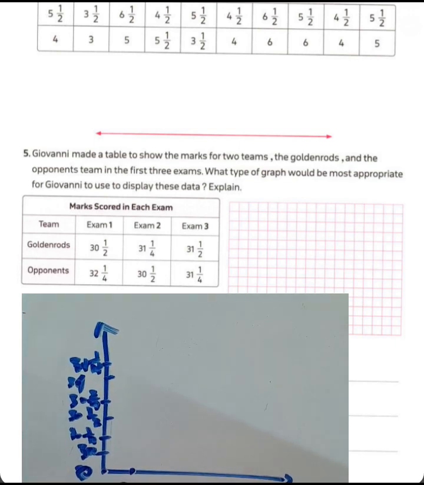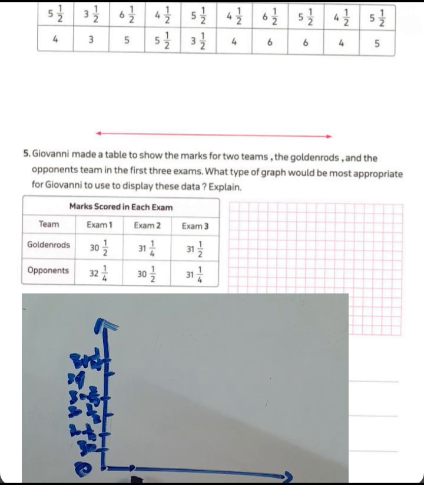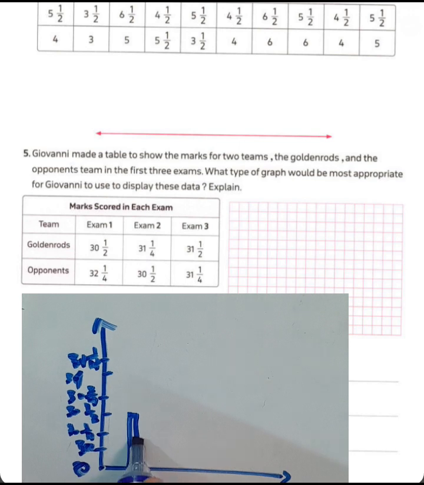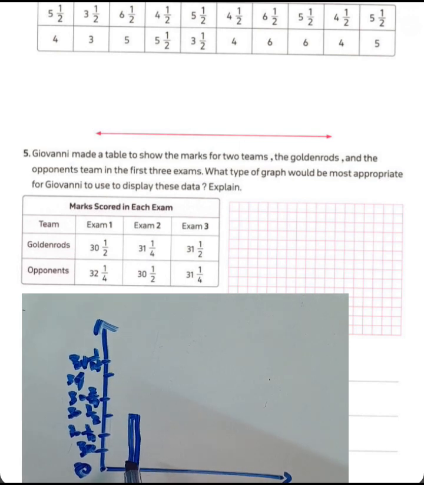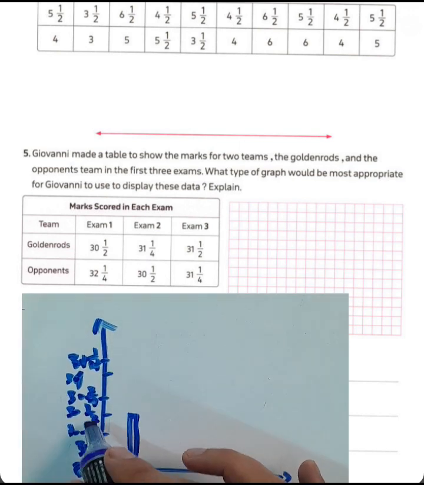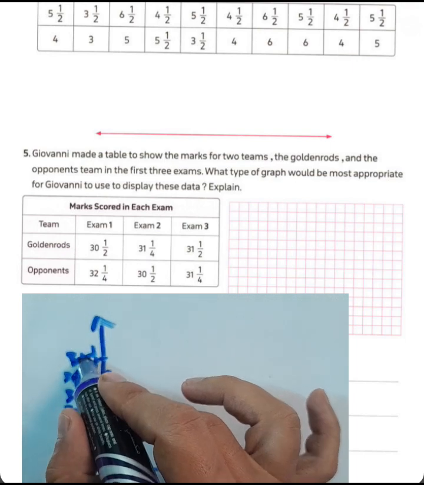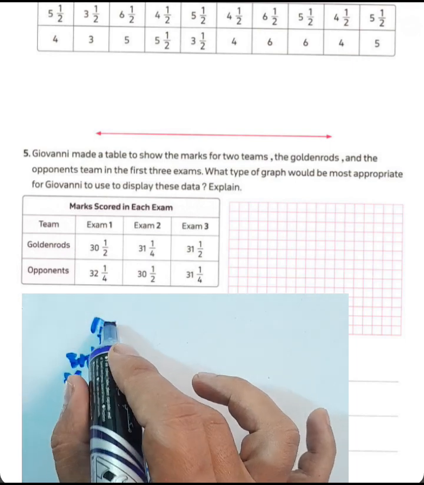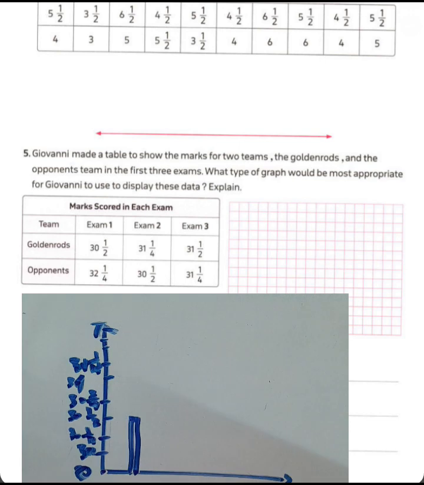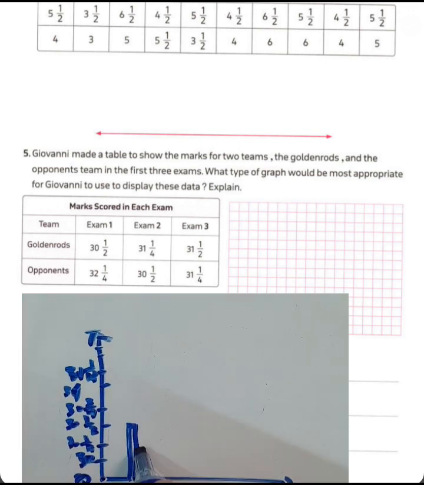Okay, and the first will be 30 and half, and 32 and fourths, 32 to 31, 31 fourths, going up. Okay, you can complete this as you like.